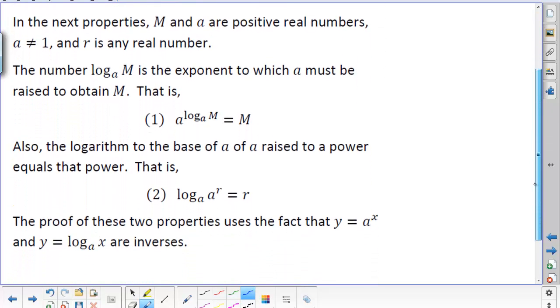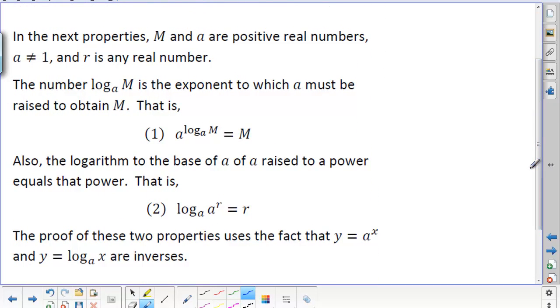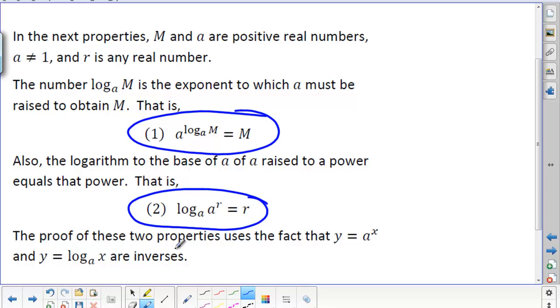Okay, the next two properties go back to the fact that logarithms and exponential functions are inverses of each other. So that's essentially what these two right here are saying. If we take a base a and raise it to the log base a of m power, the a being raised to a log base a power essentially cancels out and you get an m.